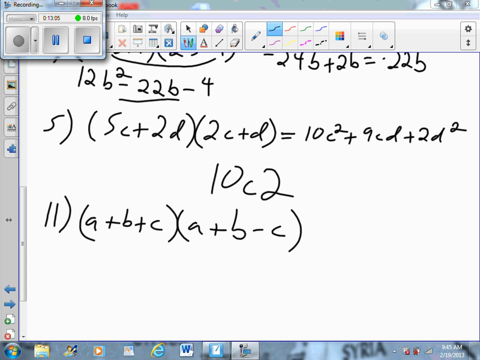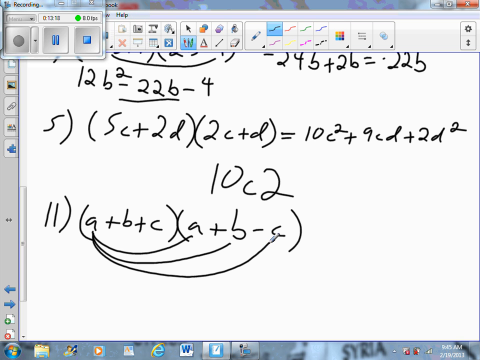So what you do in working this out is very similar to 1 through 5 and the rest of them that are a binomial times a binomial. You multiply the a times the a, the a times the b, a times the negative c. It's the same process, but since there are 3 terms in each set of parentheses, you have to do more work.